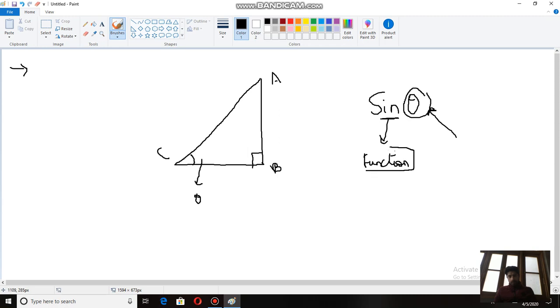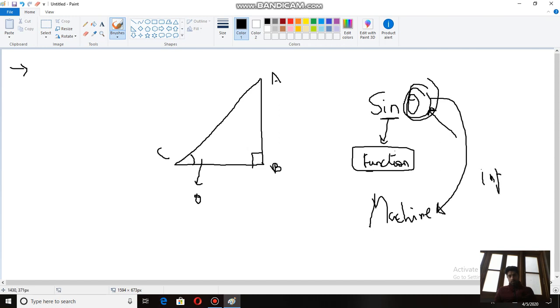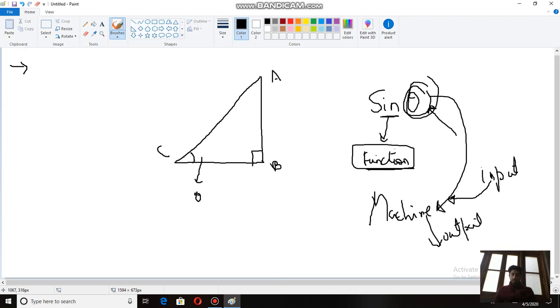Function you can understand by a machine. For example, this is a machine and we put some input, and input here is angle, this theta. This is our input, and this machine, when we input our data, will give us some output, that means a result. This sine can be considered as a function.